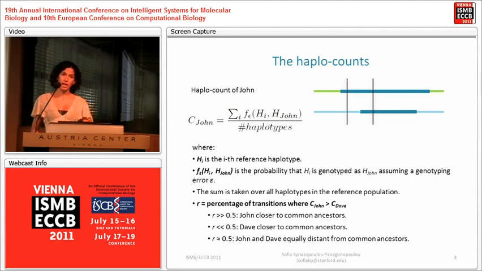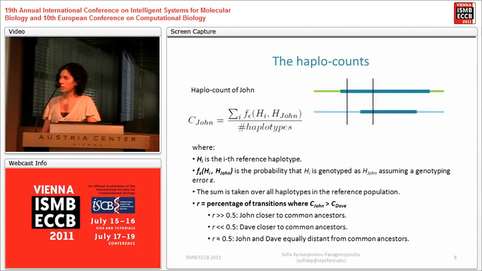We compute this haplocount for both John and Dave and for all the regions in the genome where there's a transition between IBD and non-IBD. And then we define this ratio R, which is just the fraction of such transitions where the haplocount of John is greater than the haplocount of Dave. So the intuition here is that if R is much larger than 0.5, then John tends to have much larger haplocounts than Dave.